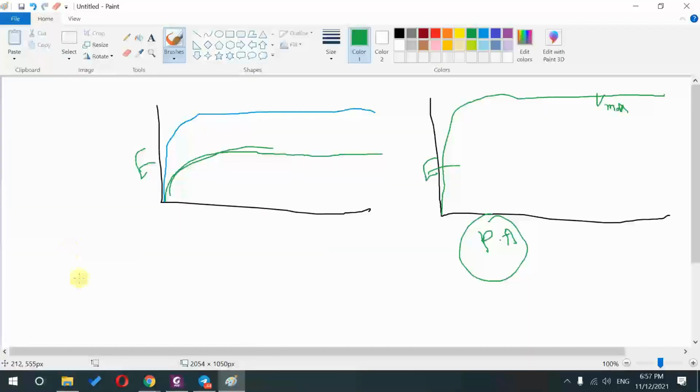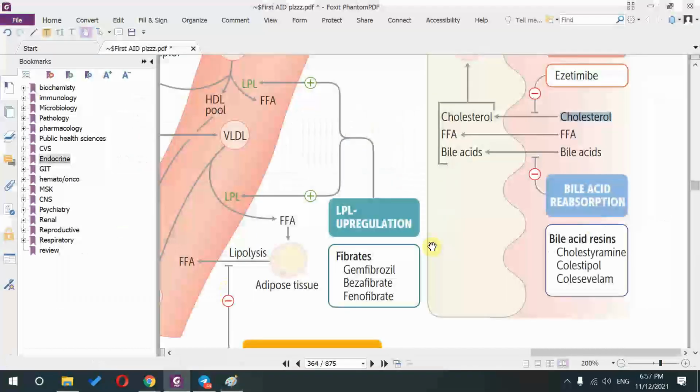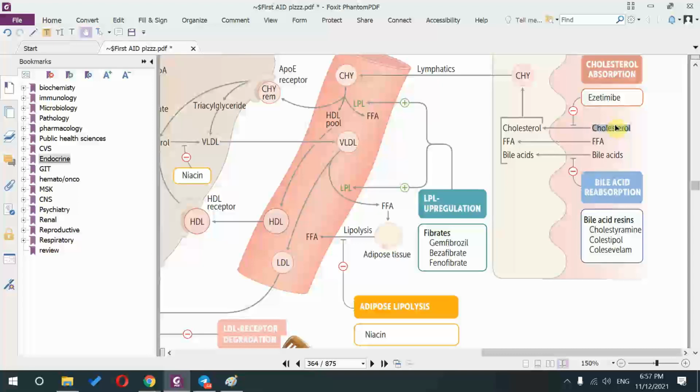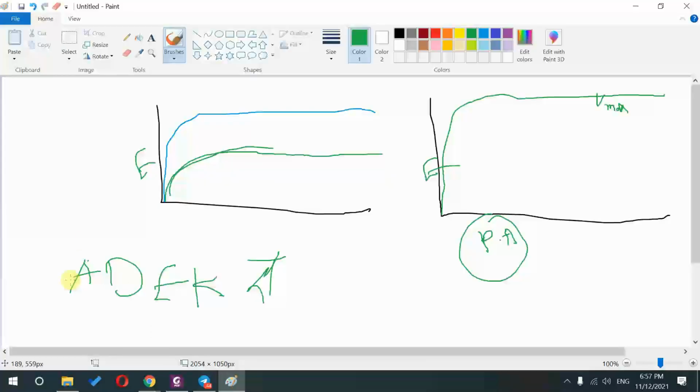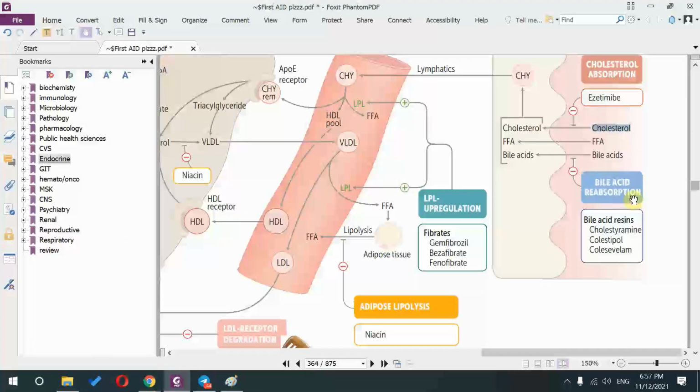ADDICT, which is A, D, E, and K. Just remember, an addict, okay? Without the T. So you can imagine that all of these vitamins will go to the feces, so you can have a problem with vision, problem with bones, anemia, problem with coagulability. So it's really serious actually.